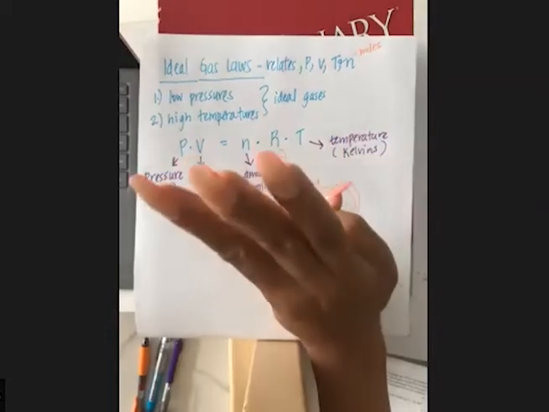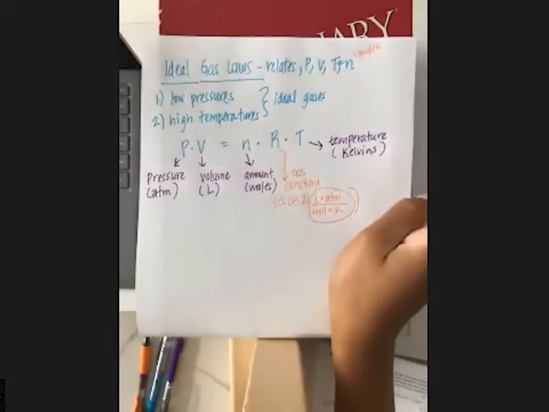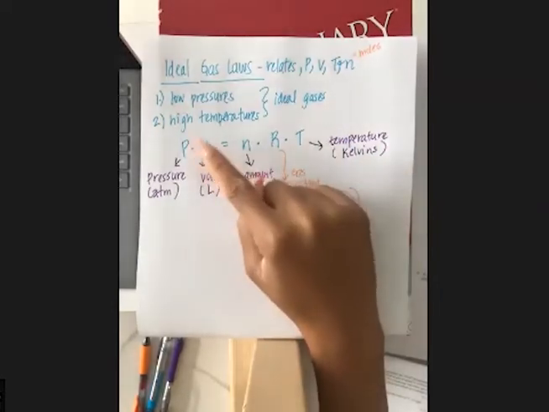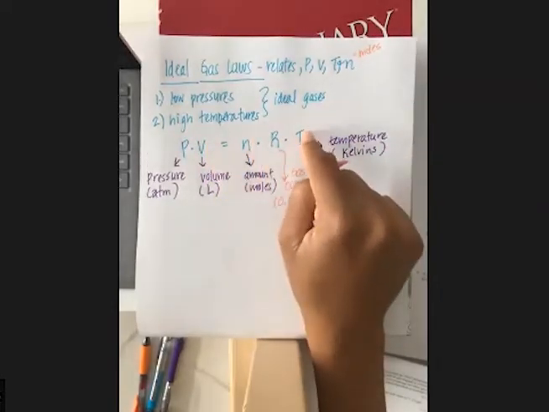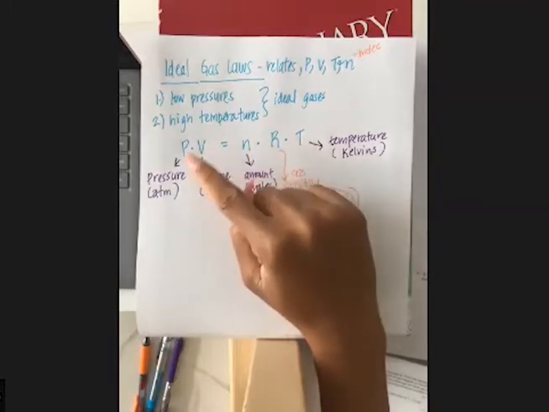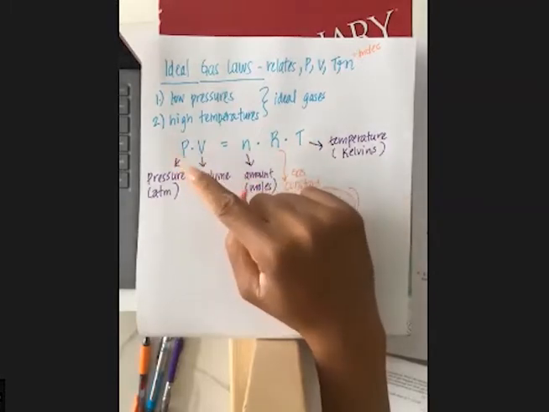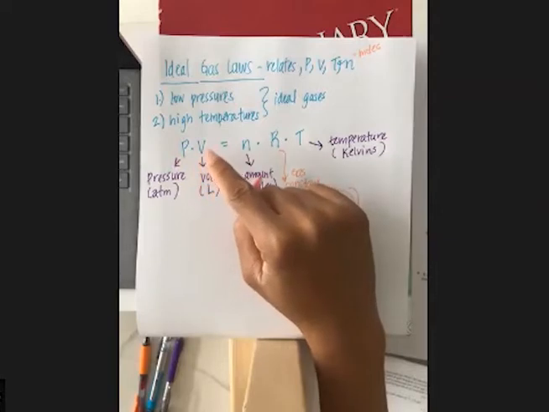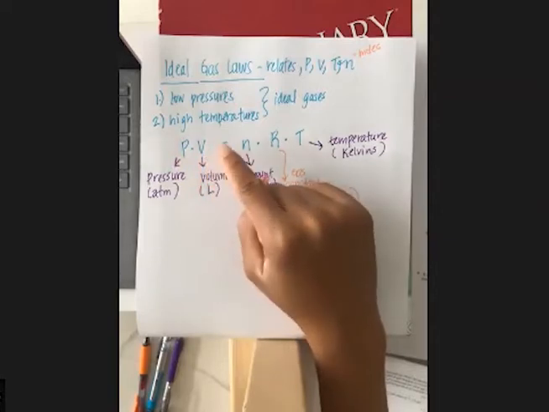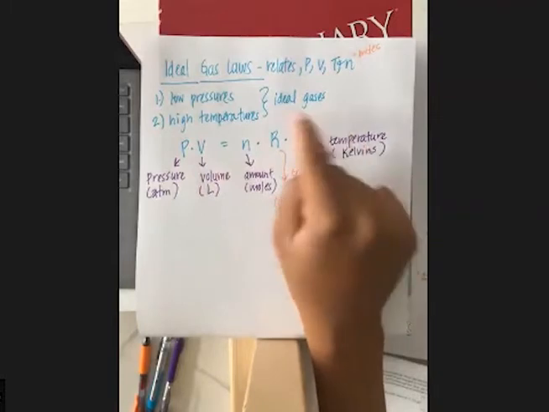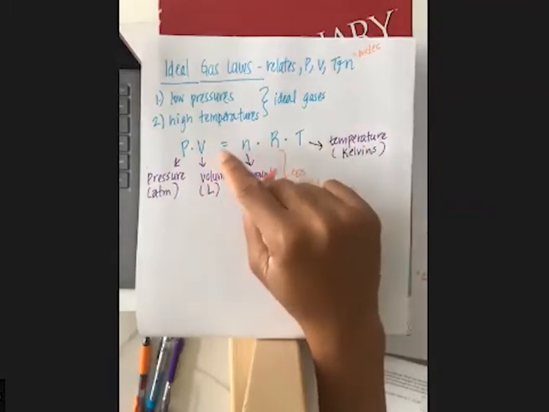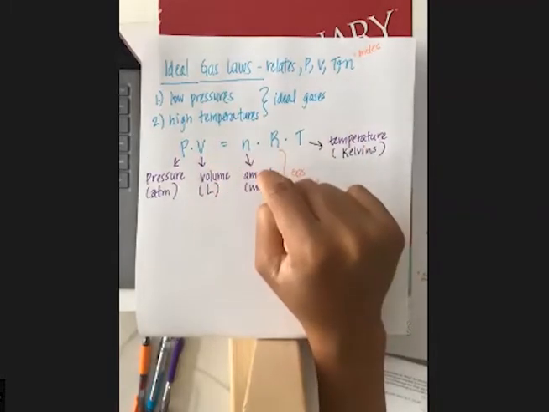If I know 3 of them, I can solve for the 4th one. If I know P, V, and N, I can solve for T. If I know N, T, and V, I can solve for P. So I know to use the ideal gas law because it's going to give me 3 of these variables, and I need to find the 4th one.